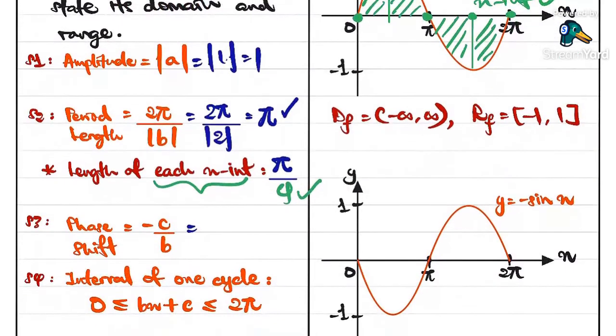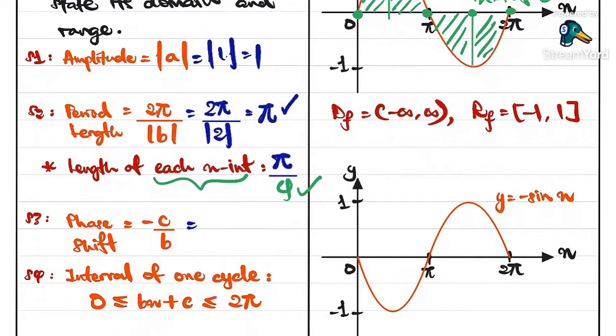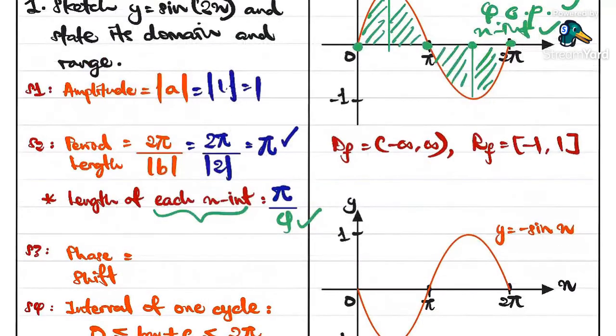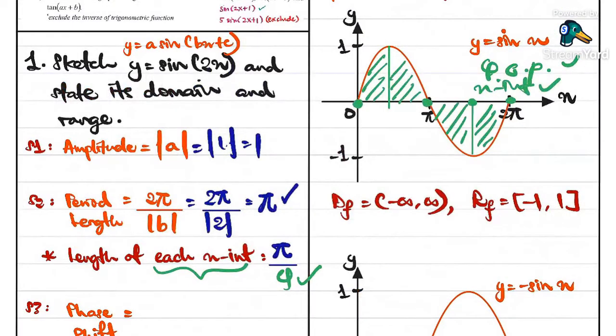Okay, and then the phase shift. The phase shift is negative c over b. Let me delete this, I want you to understand where this is coming from. It's very easy. It is just from this bracket here, bx plus c is equals to 0.